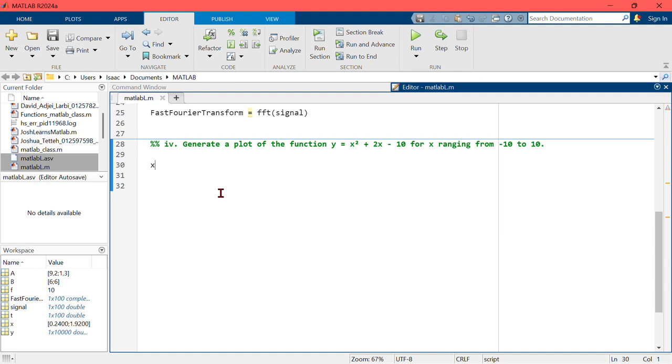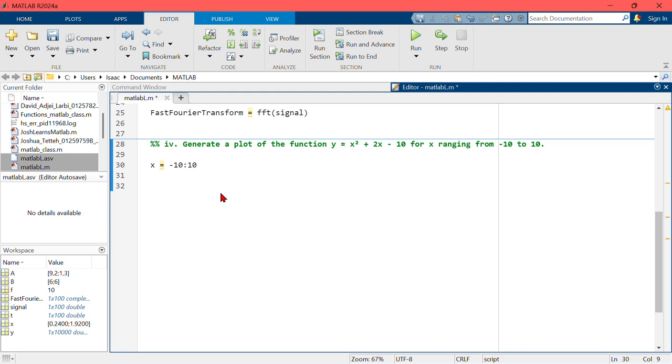So this time around, for the values of x, I'm going to use the range because it literally asks for the range. So from negative 10 to 10. But then this is only going to give us about 20 values.